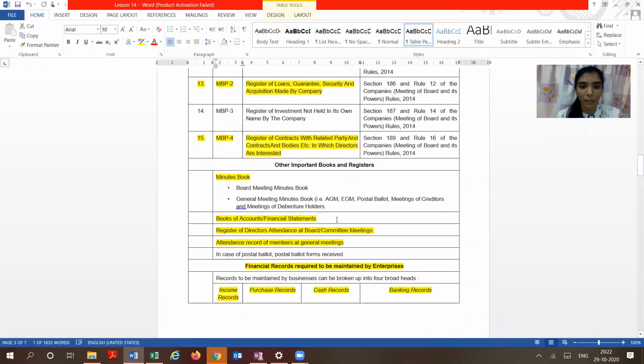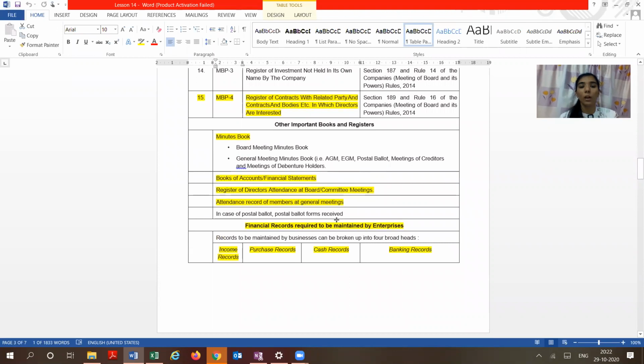Then other books and registers to be maintained by companies. There is a minute book. What is a minute book? It records the proceedings of the meetings. There are two types of meetings: board meeting and general meeting. Board meeting means the meeting of the directors, and general meeting means meetings of the shareholders, right? All the minutes would be recorded by a CS in a minutes book.